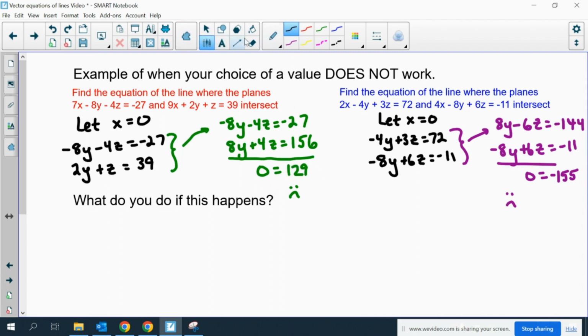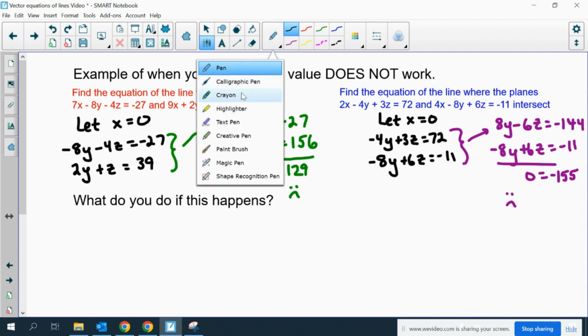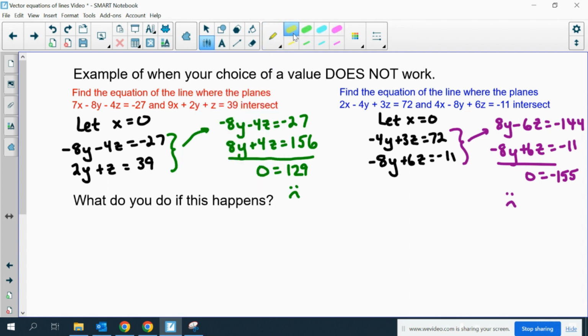Now, the situation in this case is that we actually did something to this problem that wasn't necessarily true. We made a guess, right? We guessed that x was 0. So essentially what this is telling me is that x can't be 0, right?